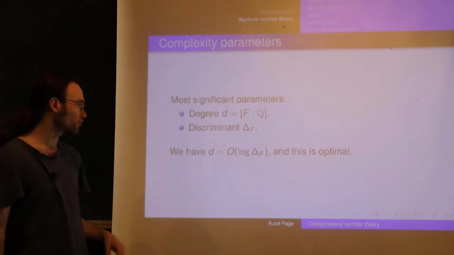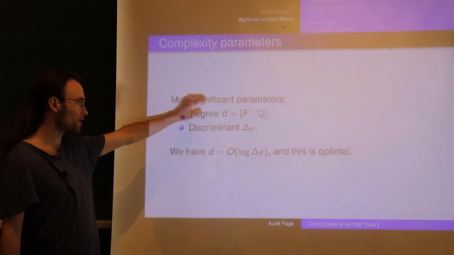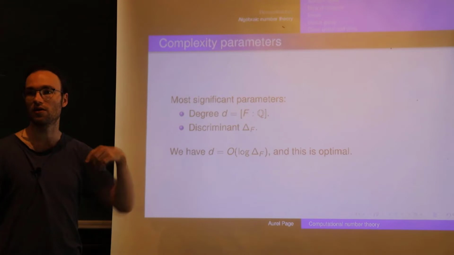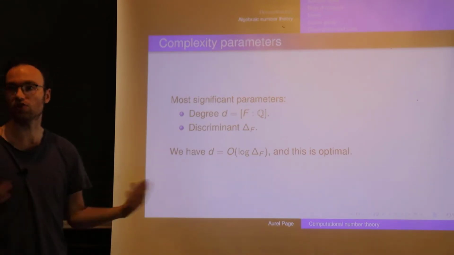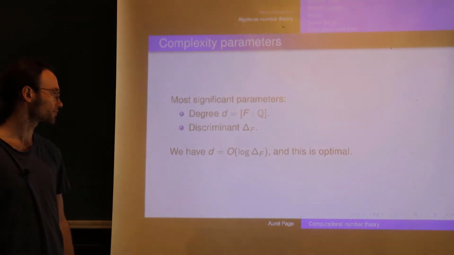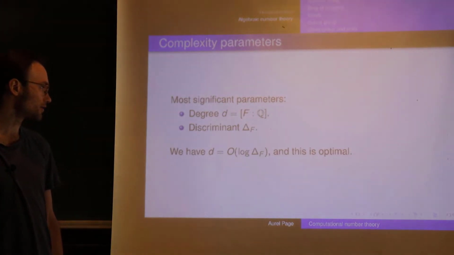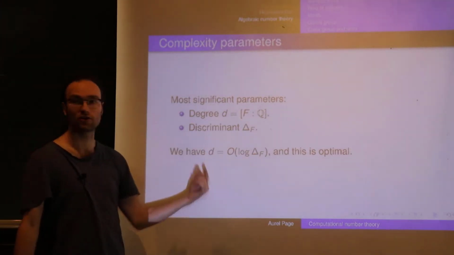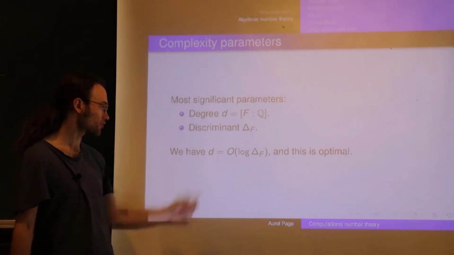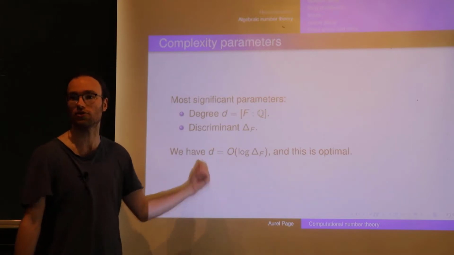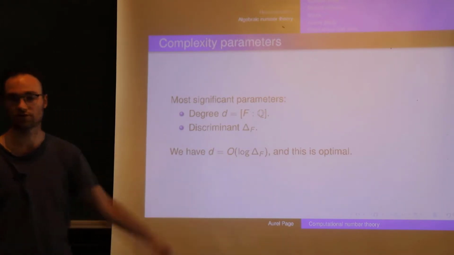So in principle, you could forget about the degree and bound everything in terms of the discriminant, but that would be a bit coarser, so it's usually better to keep the two parameters. And this is optimal in the sense that there are sequences of number fields of growing degree whose discriminant grows just exponentially in the degree. So this is the best you can get.